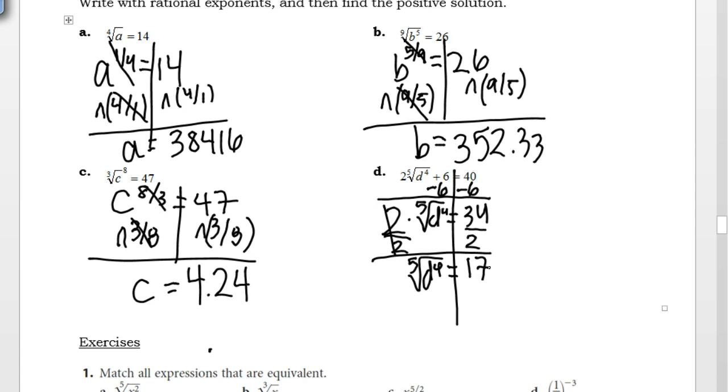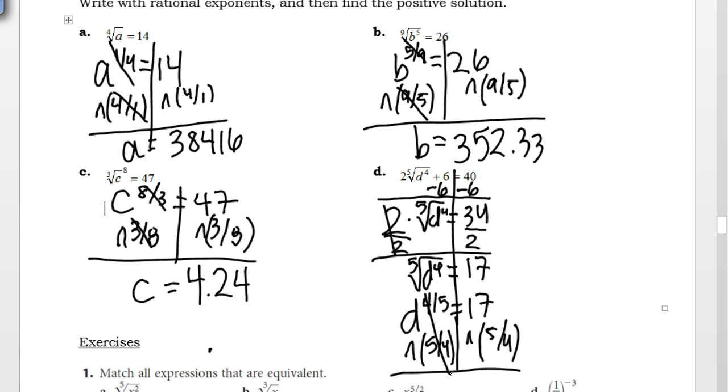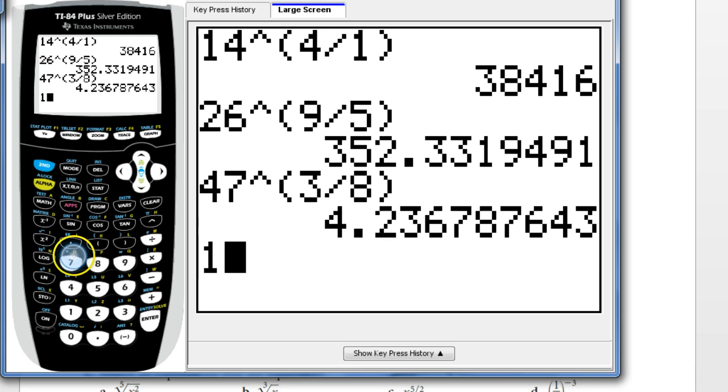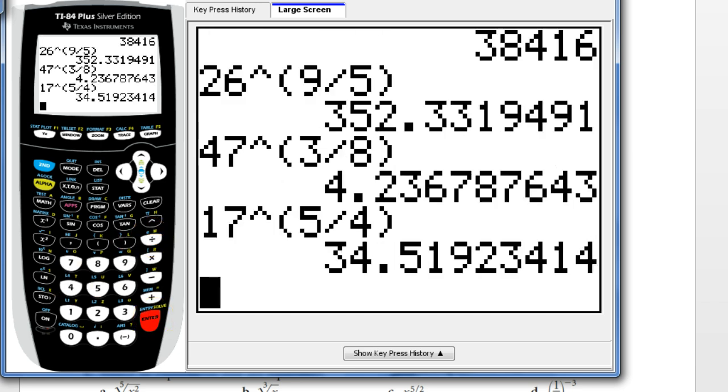I am going to translate my root into a rational exponent, and then I will put the reciprocal on each side, flip the power, and d equals $34.5.